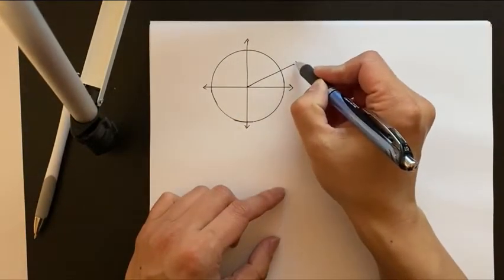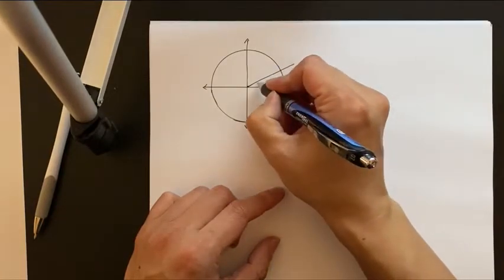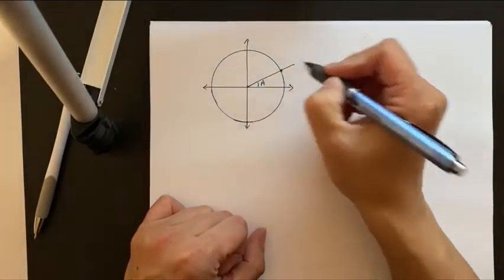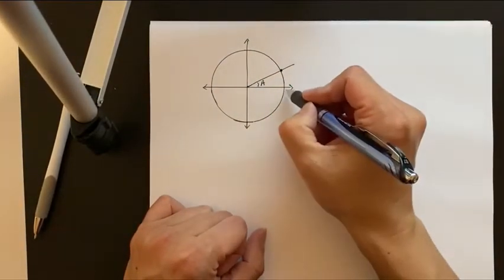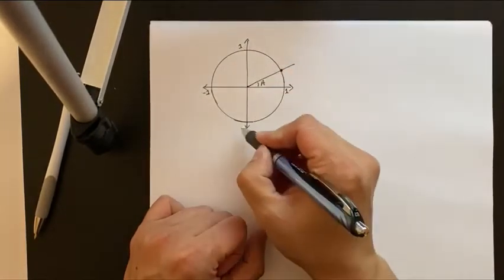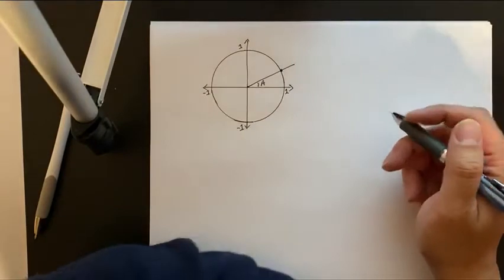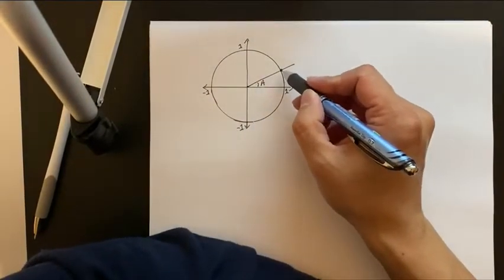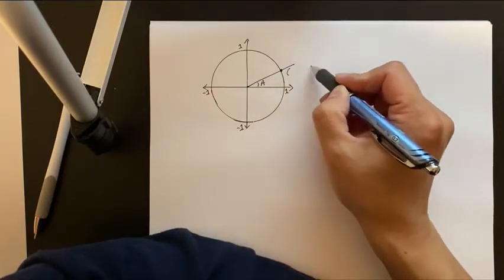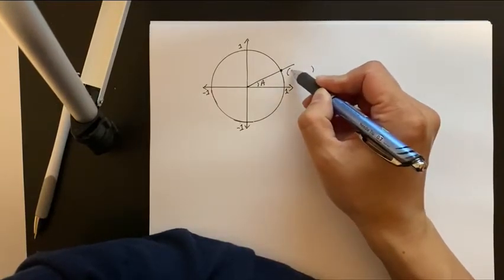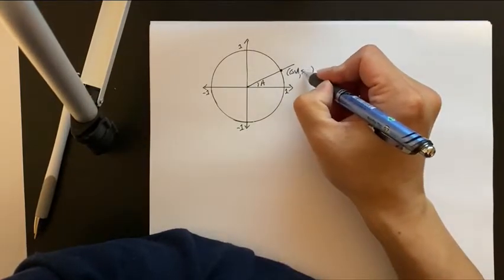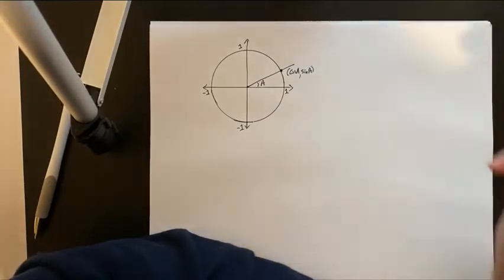Let's call that angle A. Now this is a unit circle, so 1, negative 1 on each axis. By the definition of sine and cosine, the x value is going to be cosine of A, and the y value is going to be sine of A.